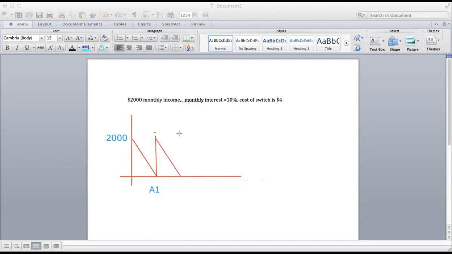Then you receive your 2,000 salary again, and at the end of the month it goes down.